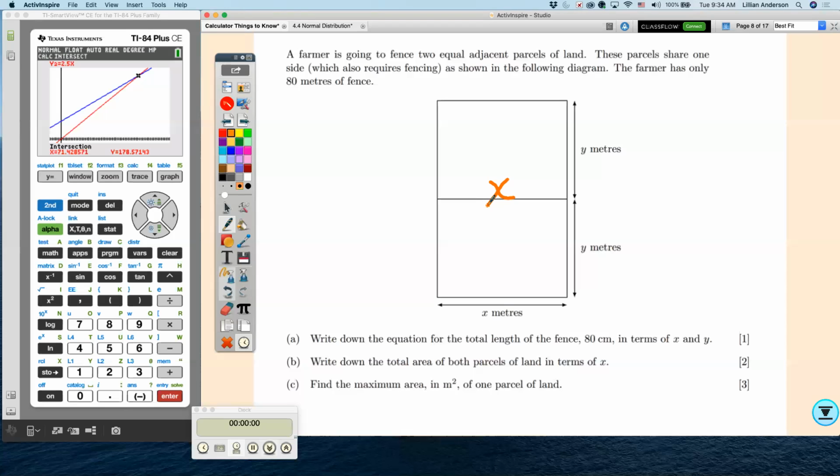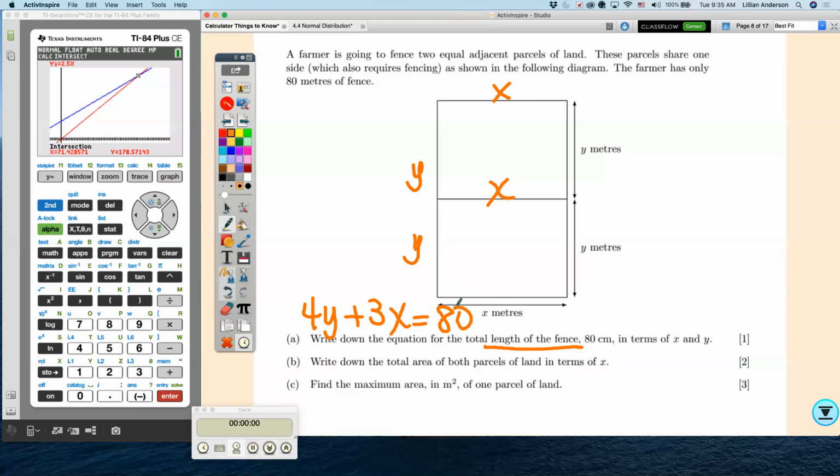Here we've got our rectangles, and we're talking about the fencing, so that means we need perimeter. Would it be 2x plus 4y? Close. It is 4y, but it's not 2x. It's actually 3x, and that's going to equal 80. That's our equation for the fence.